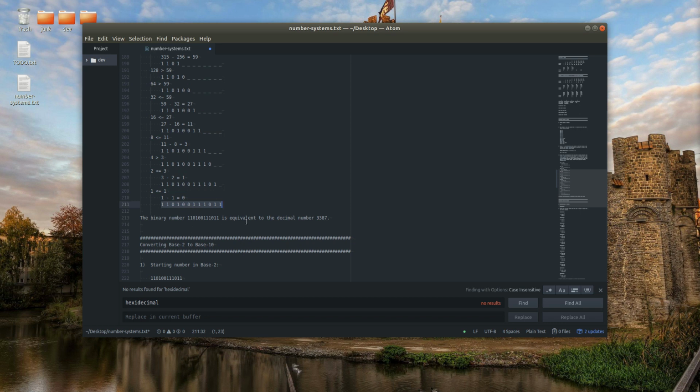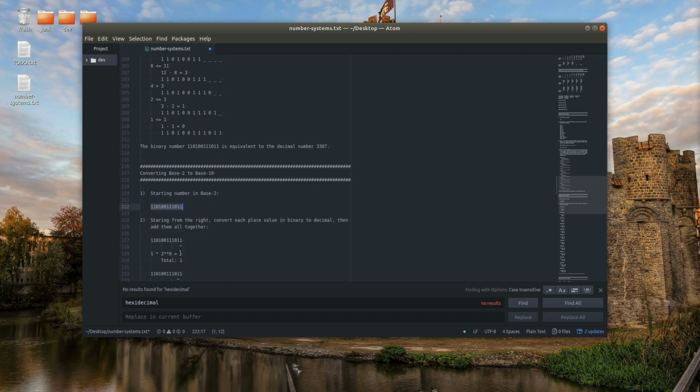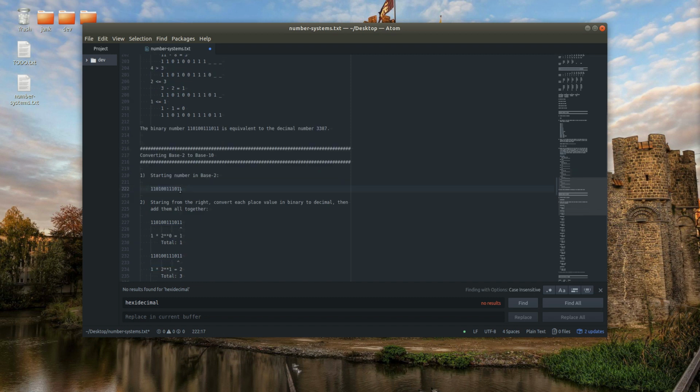So you can go the other way. Starting in base 2, start with the same number, and start from the right side of the number and convert each place value in binary to its decimal value, and then add them all together.